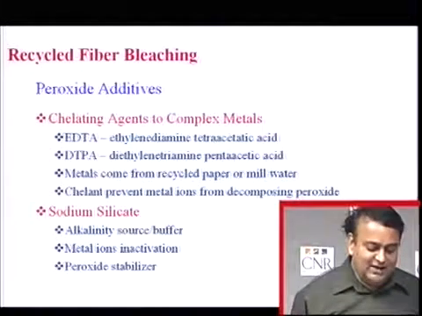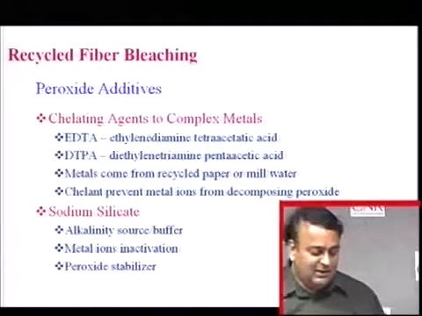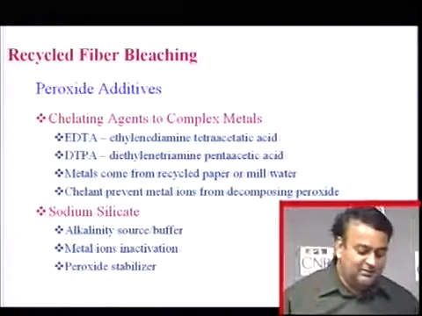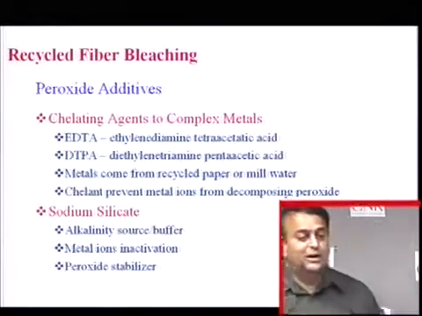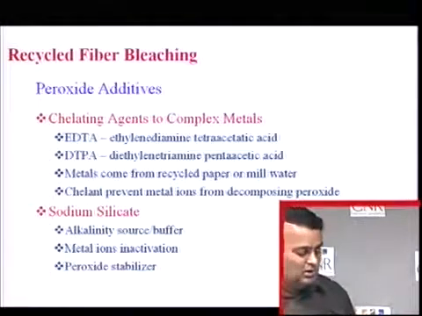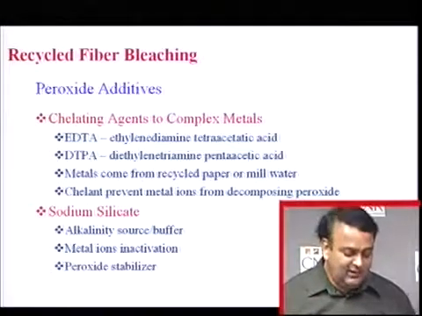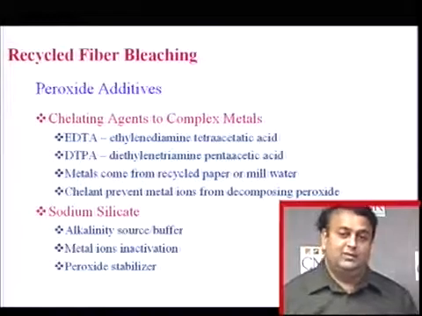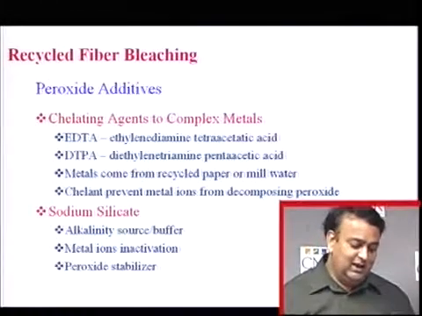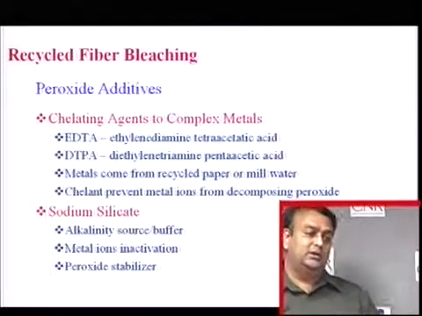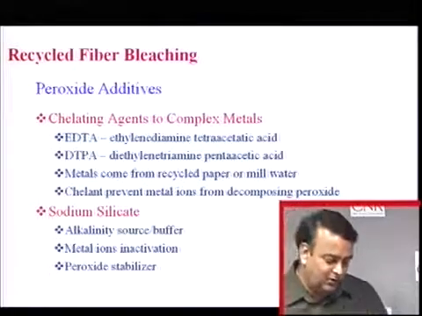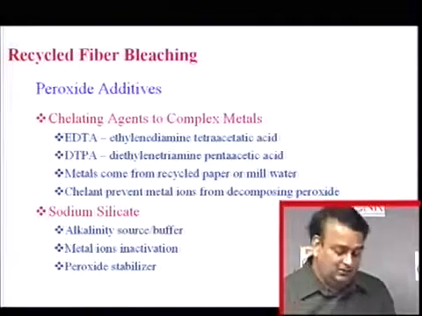EDTA is ethylene diamine tetraacetic acid, DTPA is diethylene triamine pentaacetic acid. Sodium silicate is a buffer and metal ion inactivator, and it also stabilizes peroxide. So, silicate, chelant and caustic, these are the chemicals that go with peroxide bleaching, as I explained to you before.